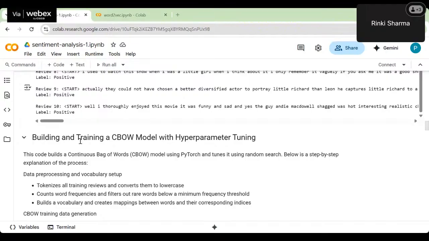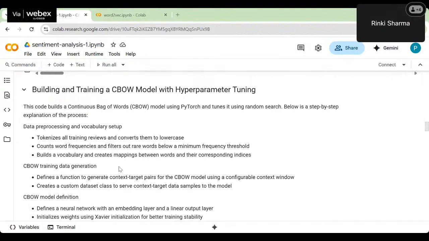Here we have used hyperparameter tuning, as we have already discussed. In this code we have imported all our necessary libraries and checked whether the GPU is available or not. Now we tokenize our data.